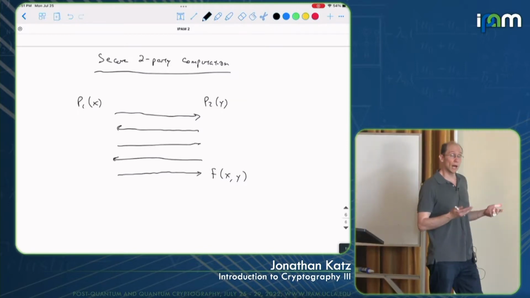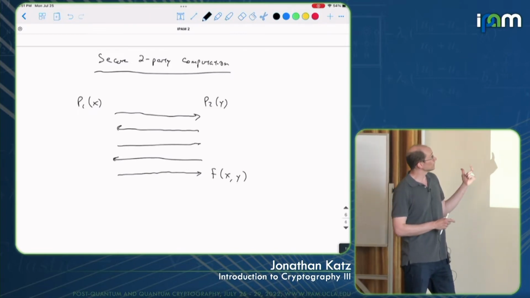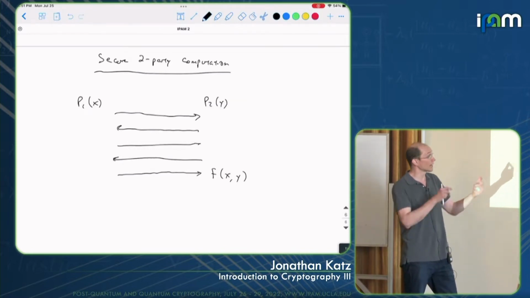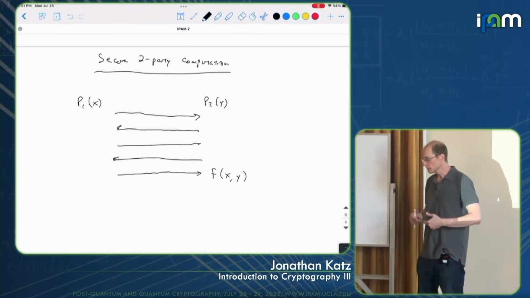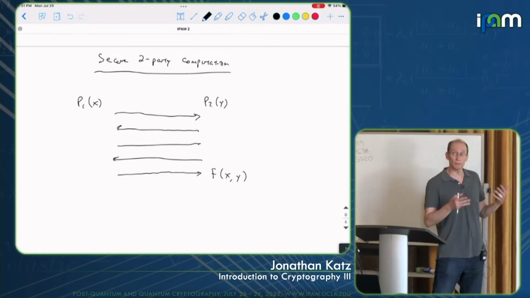There are other less obvious properties. For example, we might want it to be impossible for P1 to force its input to be the same as P2's input. That's not a violation of correctness per se, but it's a violation of what we might call input independence, because it seems wrong for P1 to be able to do that. And there might be other things as well.